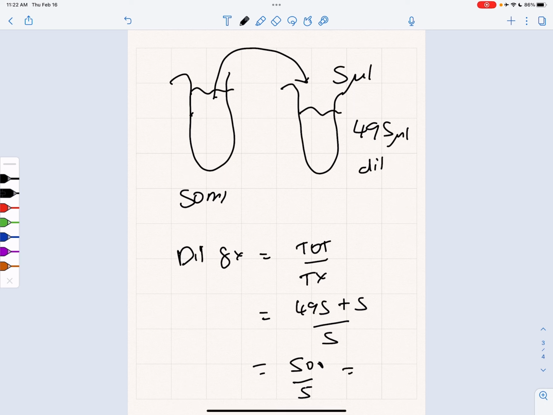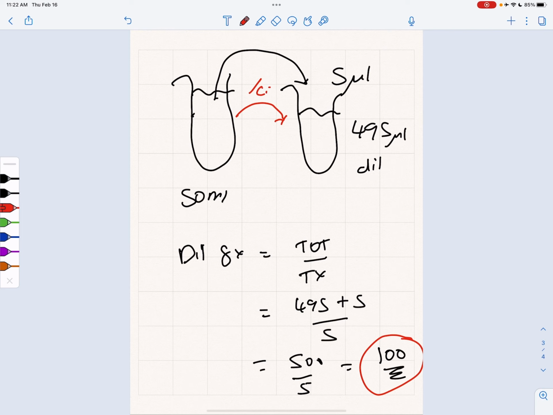And if you work that out, that's going to be a 100-fold dilution. So again, if we know the concentration of this, say it is, well, actually, let's do it in the opposite direction. If we're going in this direction, so concentrated to dilute, we're going to divide by the dilution factor.